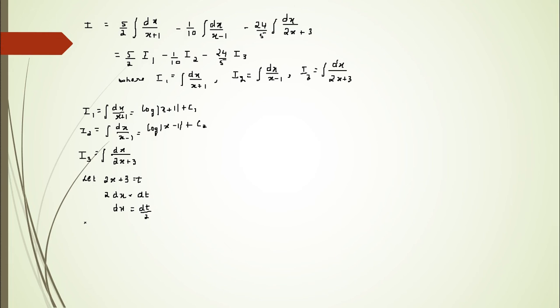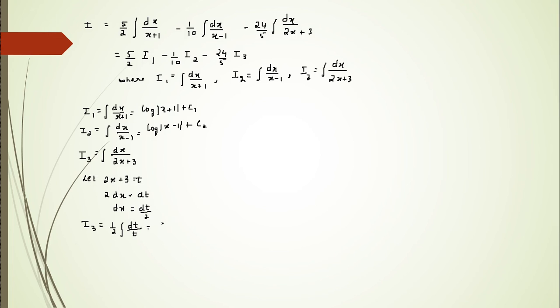Therefore I3 can be written as integral, now dx is dt by 2, so I can write 1 by 2 integral dt, and 2x plus 3 is t, so I can write t.